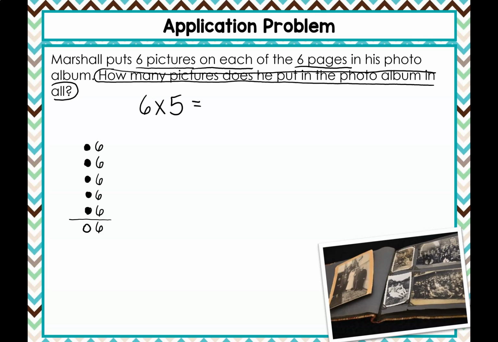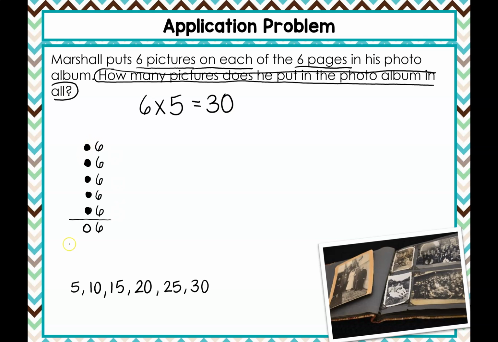That's easier to do than our 6s. So let's go ahead and skip count by our 5s 6 times. Here we go. 5, 10, 15, 20, 25, 30. So 6 times 5 is 30.